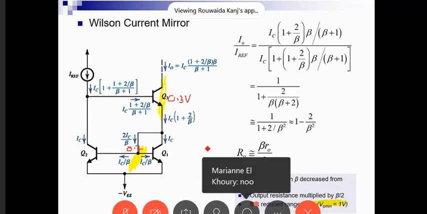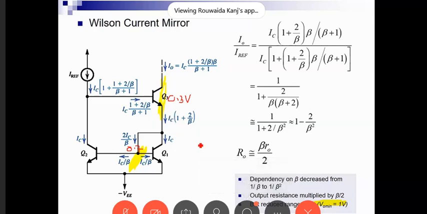Okay, thank you, Marianne. This is another type of current mirror where we enhance RO. We reduce the error, but we get a penalty on the VO minimum operating condition. So this has to be greater than 0.3.